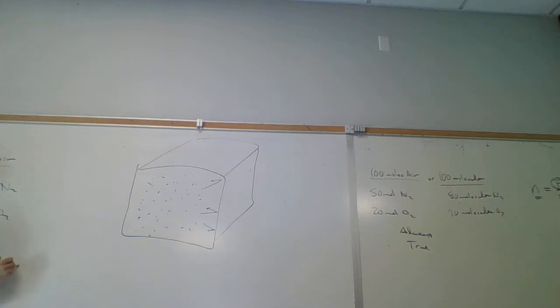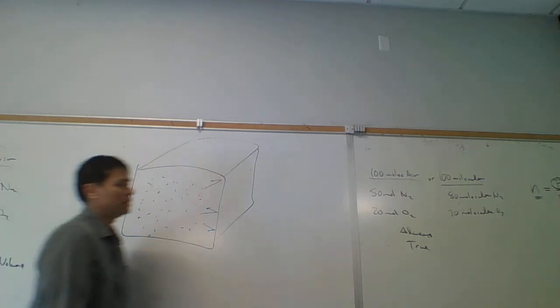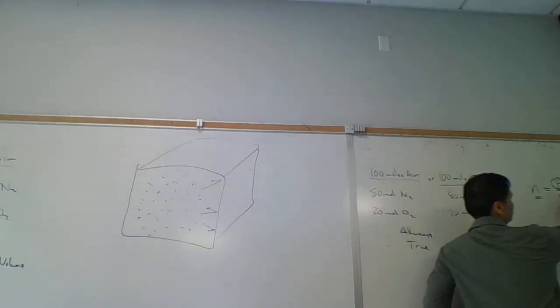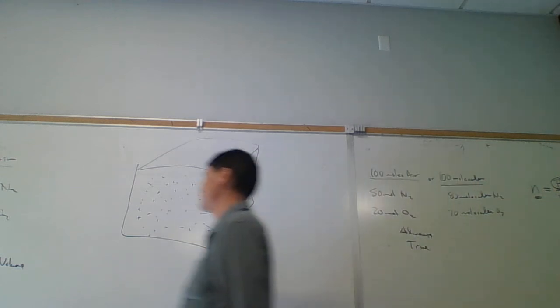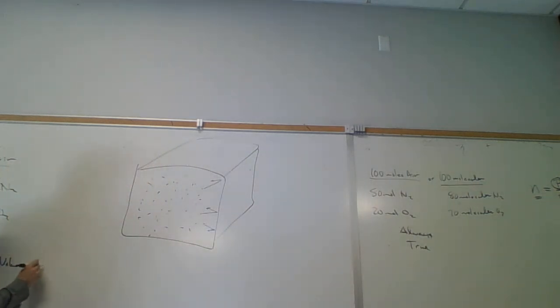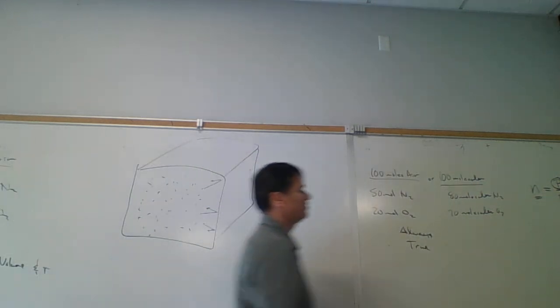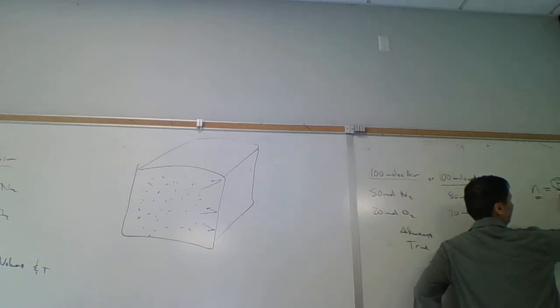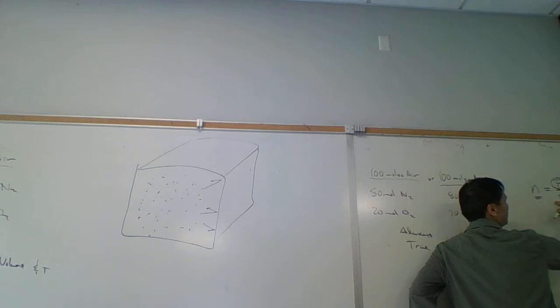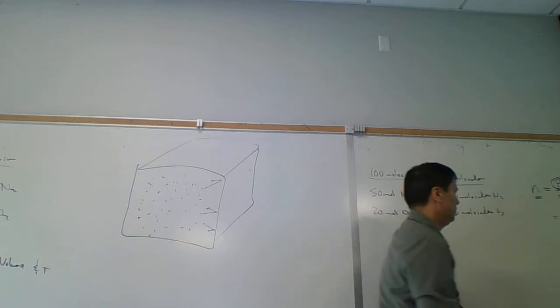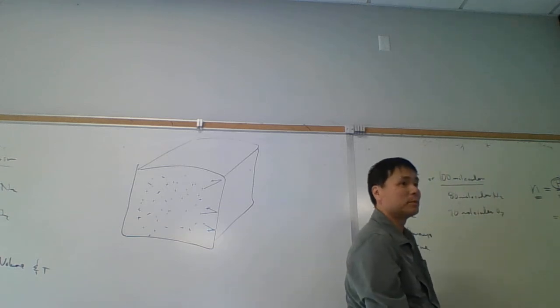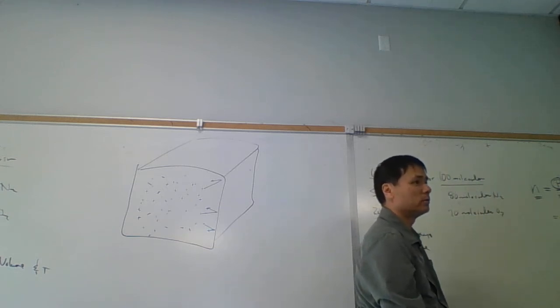As long as the volume and the temperature don't change, then V divided by RT will be a constant. So n is equal to a constant times P, and so the pressure is directly proportional to the number of moles.